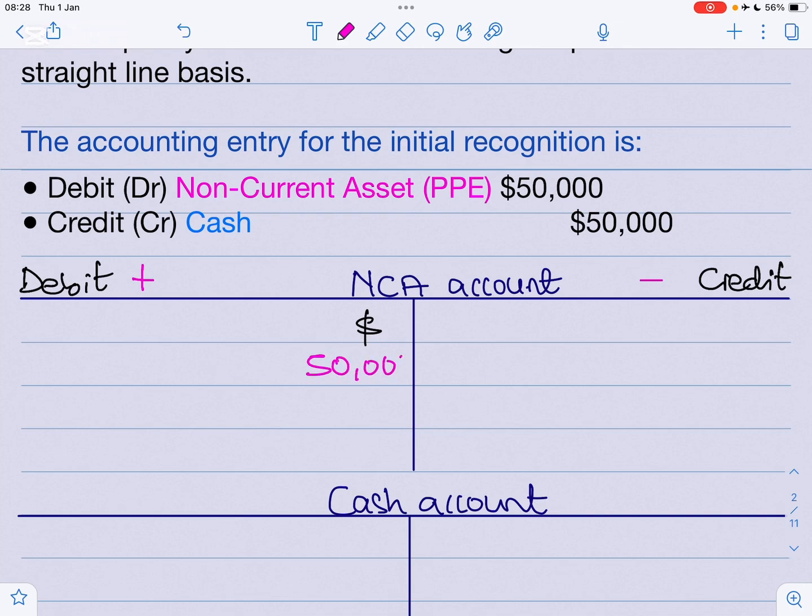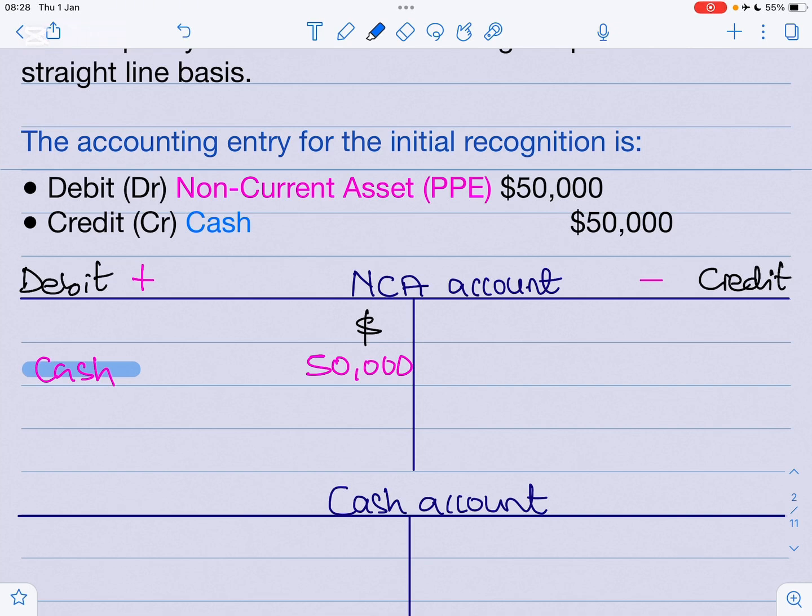So 50,000. I cannot leave the account like this. What means did we use to buy this asset? The answer is cash. Cash is going to be the narration in the non-current assets account.